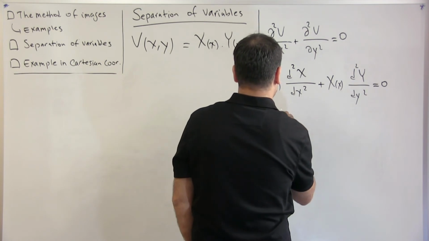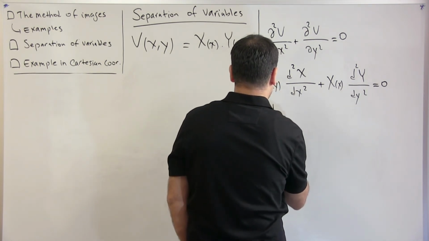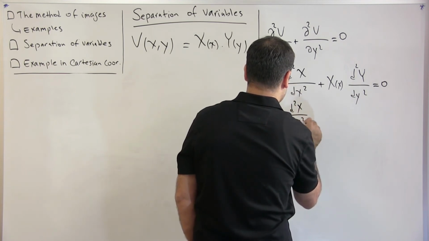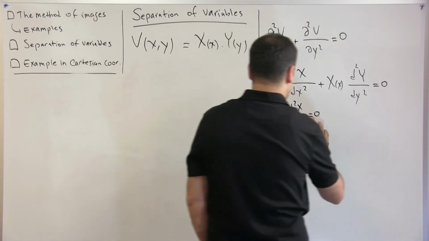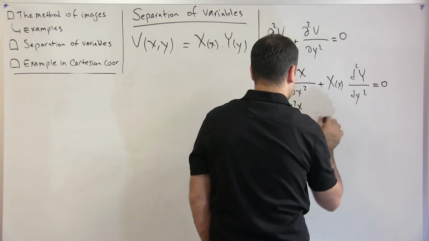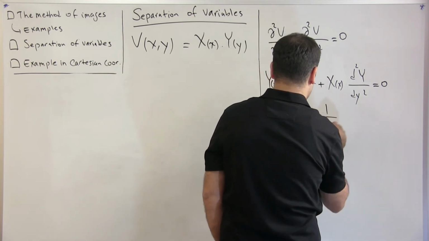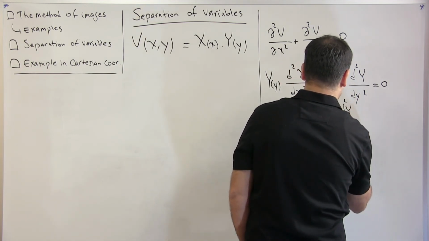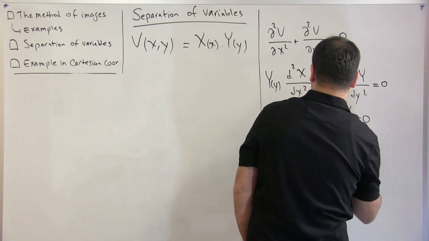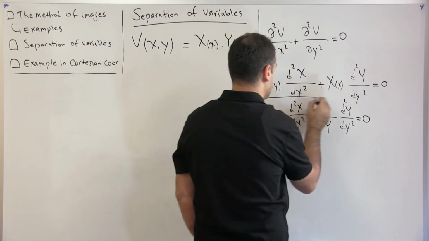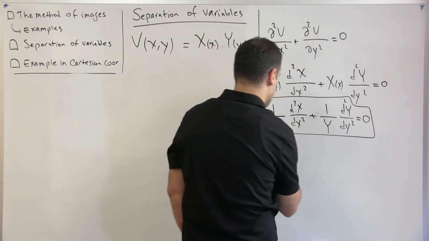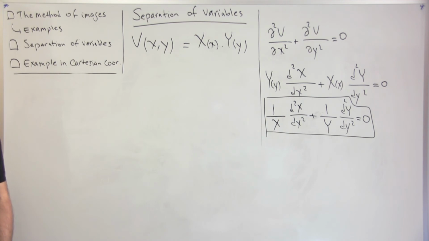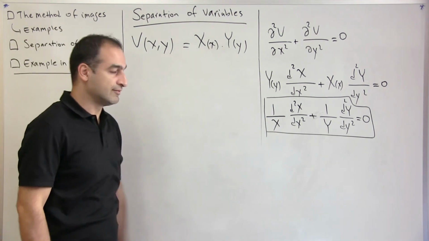If we do that, I get 1 over X d2X over dx2, plus the second term, which is 1 over Y d2Y over dy2, and that combination becomes 0. So this is Laplace's equation if we separate x and y.